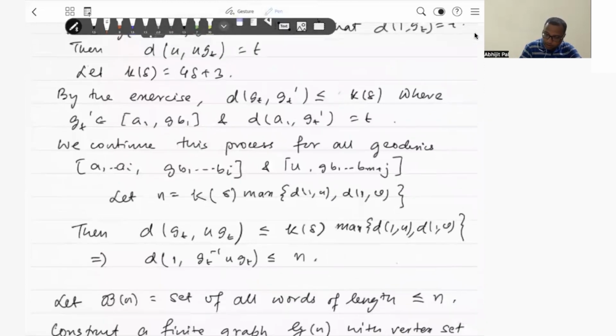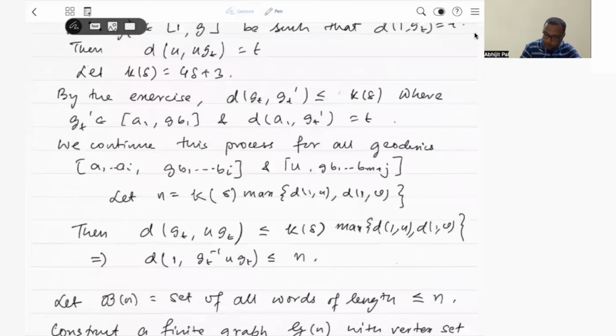Now we continue this process for all geodesics joining A1, A2, ..., Ai and g, B1, B2, ..., Bi, and the geodesic joining u and g, B1, ..., Bm+j.